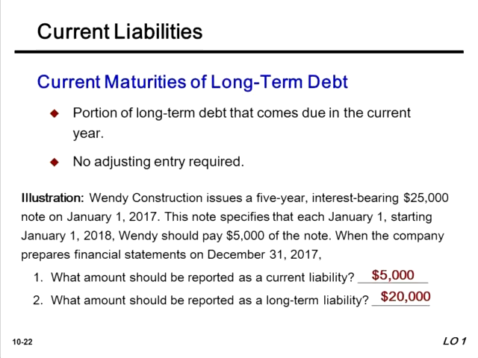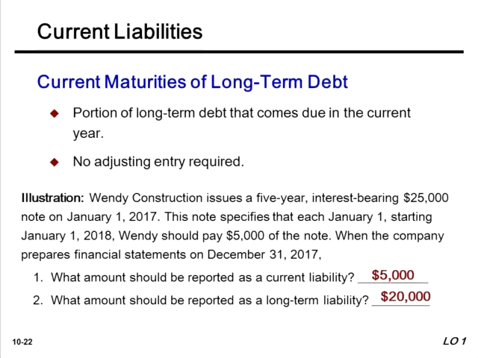So each year a portion of that outstanding debt must be paid, and the amount that must be paid within the year would be reclassified under current liabilities. And as this slide indicates, there is no adjusting entry required for this.